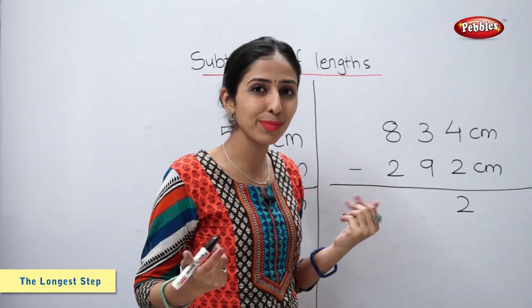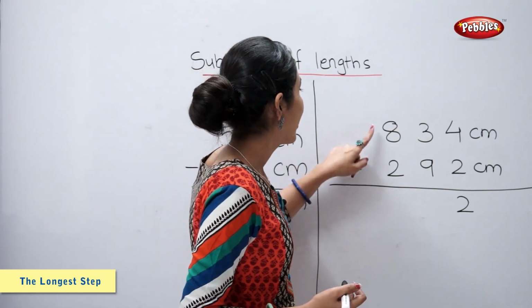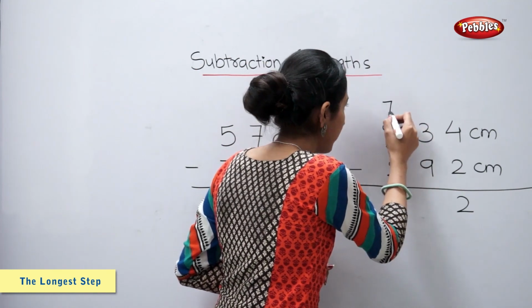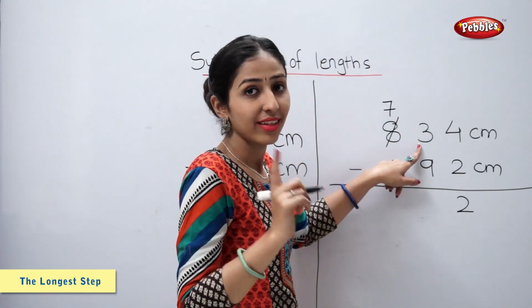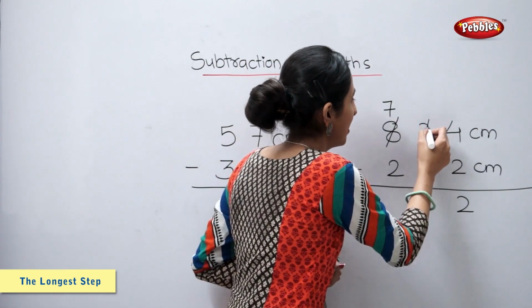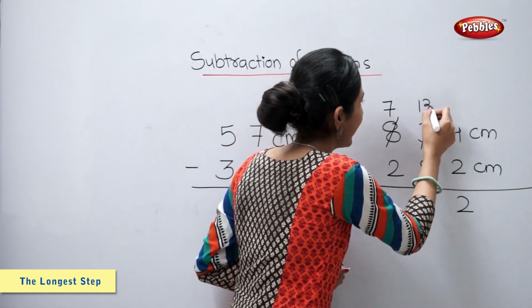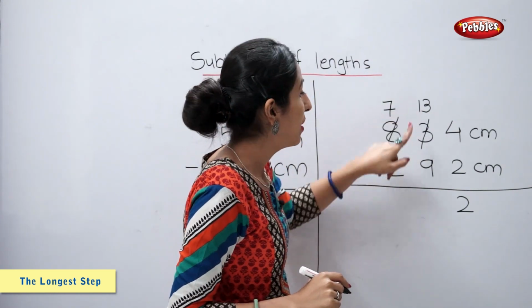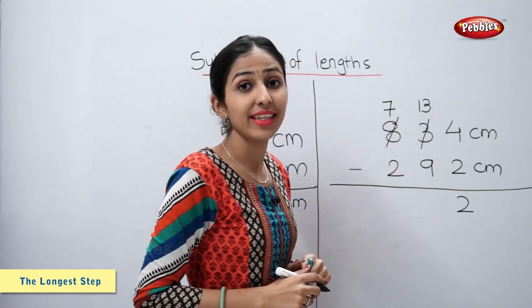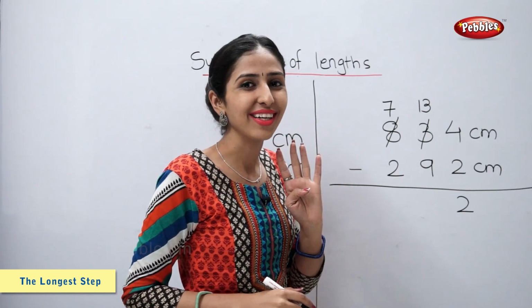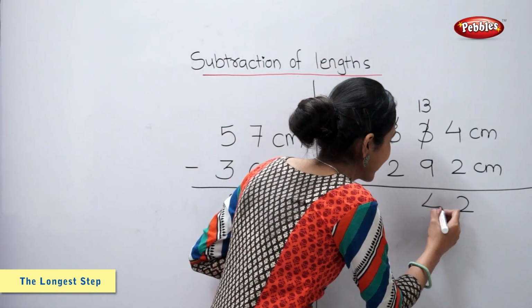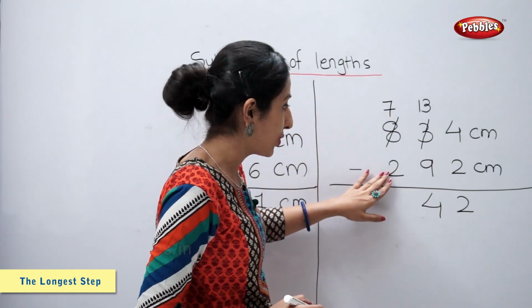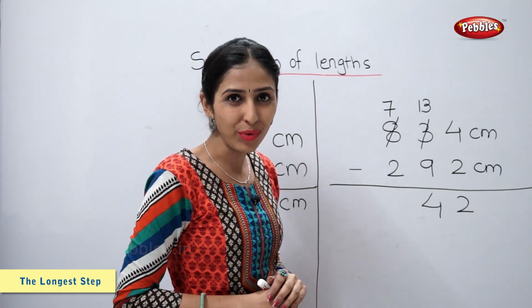So, let's borrow. 8 becomes 7. 3 becomes 13. Now, 13 minus 9 is equal to 4. 7 minus 2 is equal to 5.